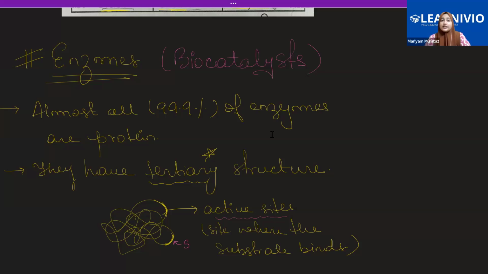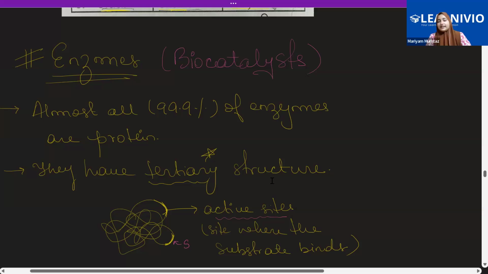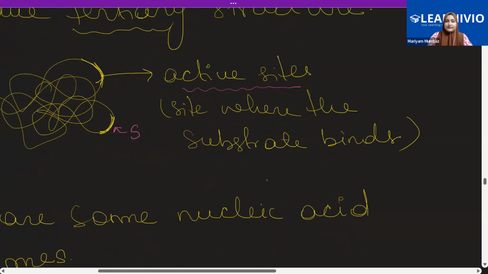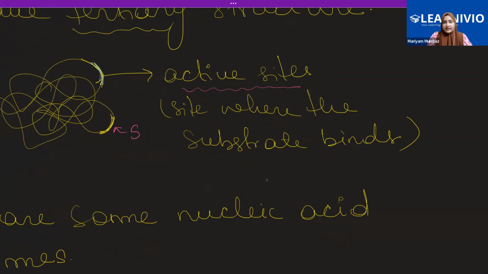For enzymes, tertiary structure is the most active stage. Why is tertiary structure better? If you remember the structure of proteins, I told you that tertiary structure is very essential for the activity of enzyme. Why? Because there are foldings amongst themselves, and that creates active sites. See, these curved areas are called active sites.